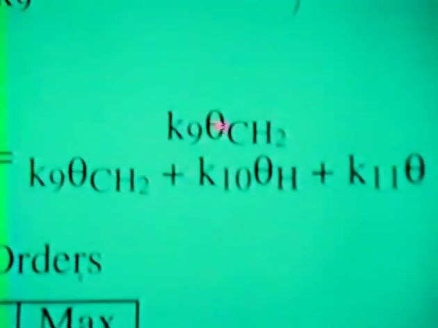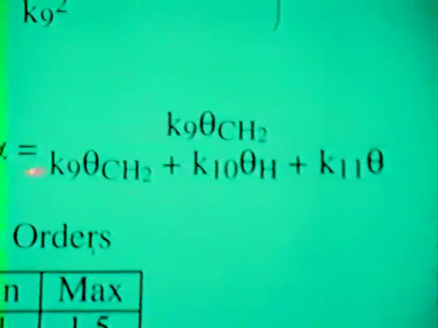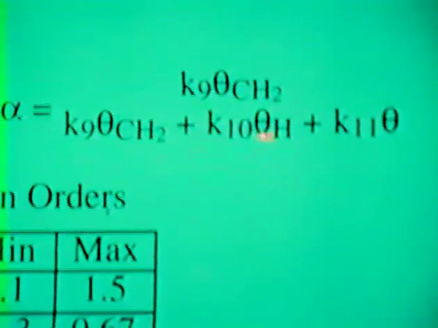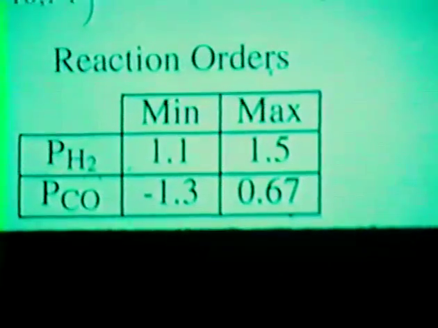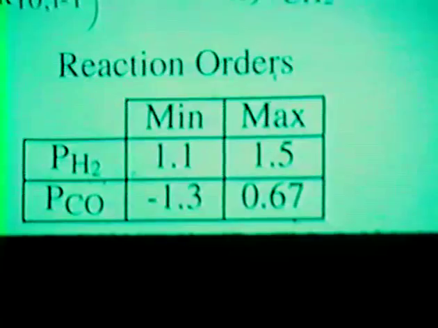The propagation probability alpha is defined here as the rate of production of the higher hydrocarbon, or the rate of propagation, over the sum of the propagation and the termination rates, both to paraffins and olefins.